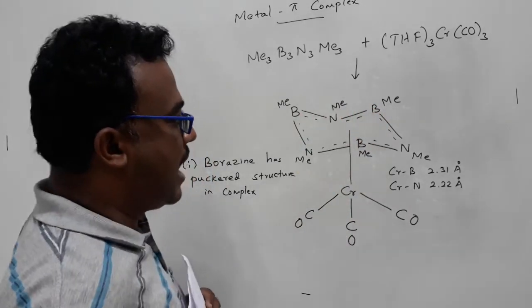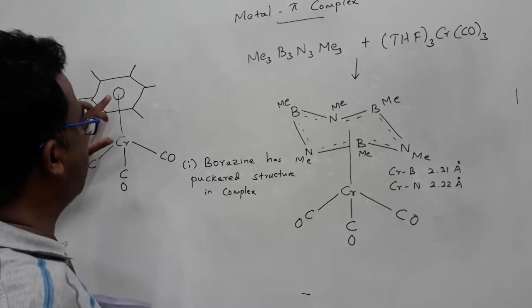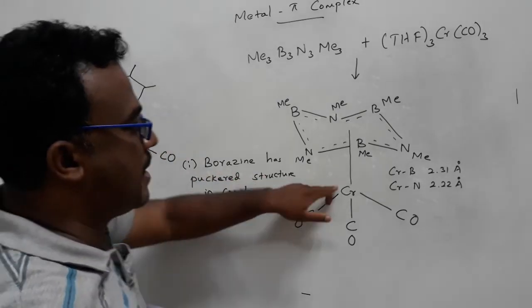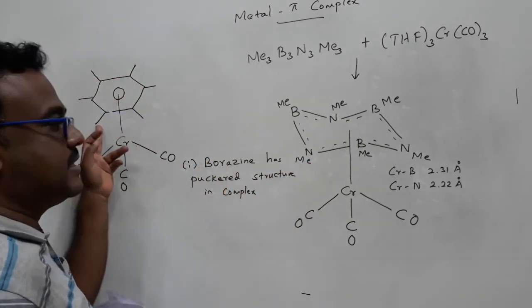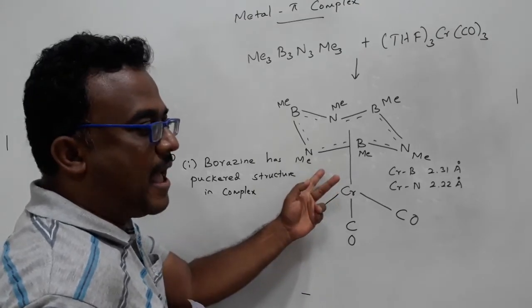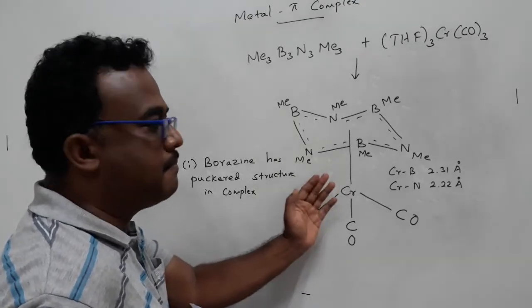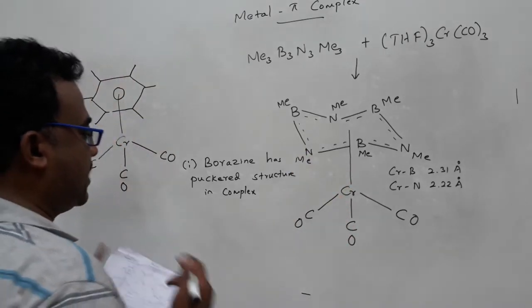Okay. And also, if we compare the bond strength of chromium carbon and chromium boron and nitrogen, the bond dissociation energy for this complex is higher than this one. Because here it does not have a strong bond between the boron or nitrogen with chromium.